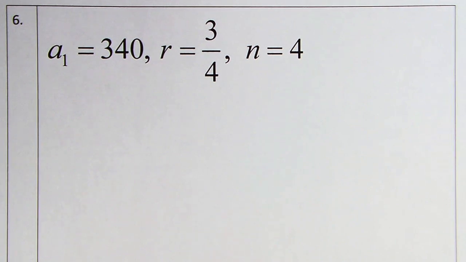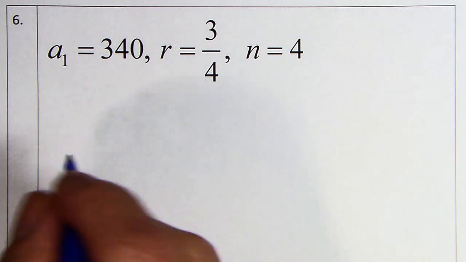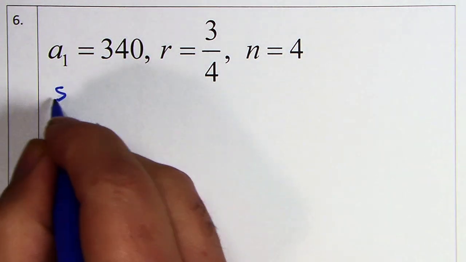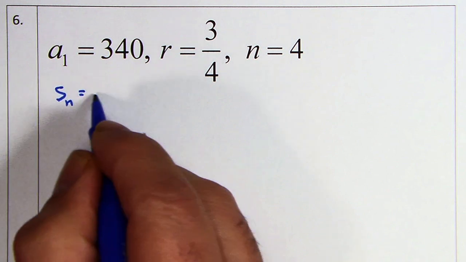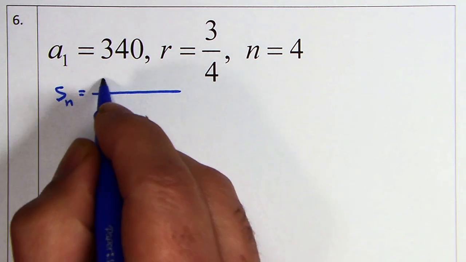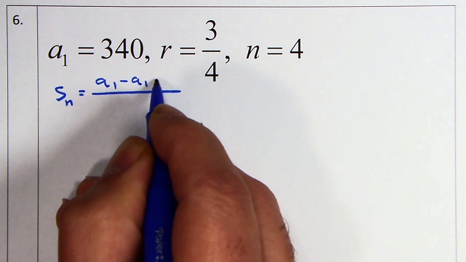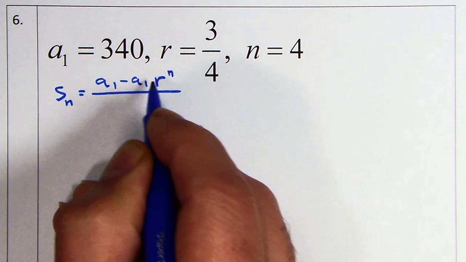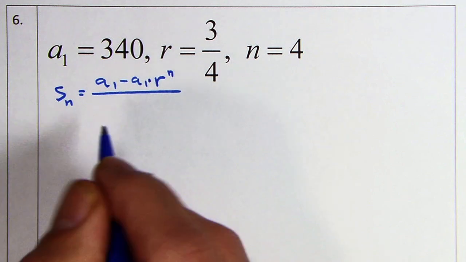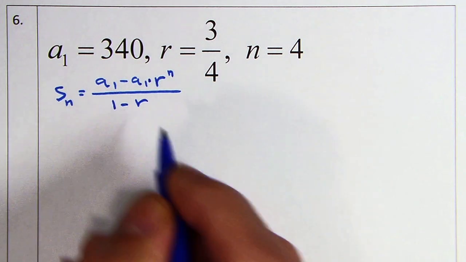Number 6. To find the sum is a sub 1 minus a sub 1 times r to the power n over 1 minus r.